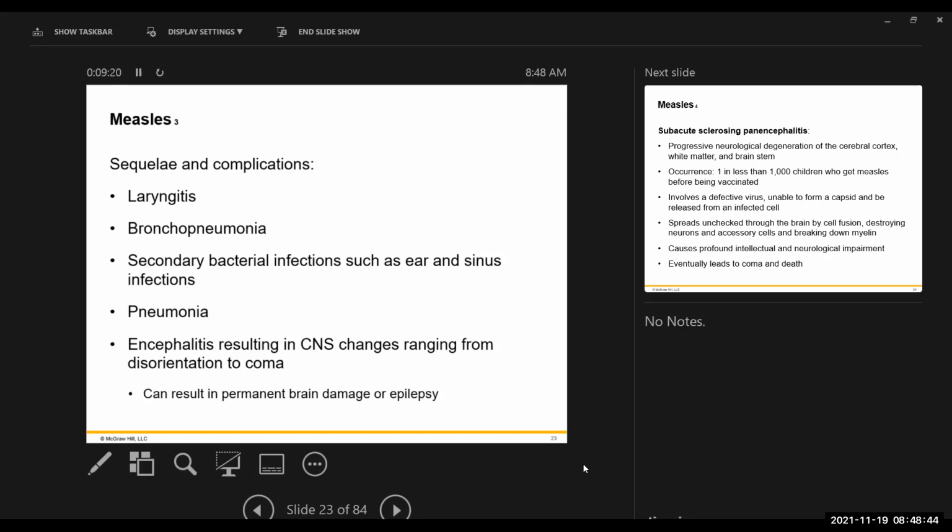And then some kids who have measles don't completely get rid of it. 7 to 10 years after the initial infection, they get this subtle set of mood changes that eventually evolve into dementia and seizures that, if left untreated, will lead to coma and death. This is called subacute sclerosing panencephalitis.